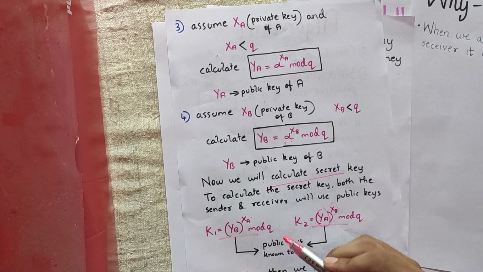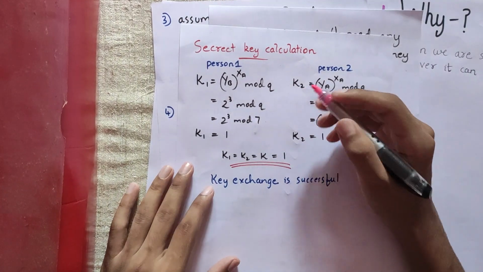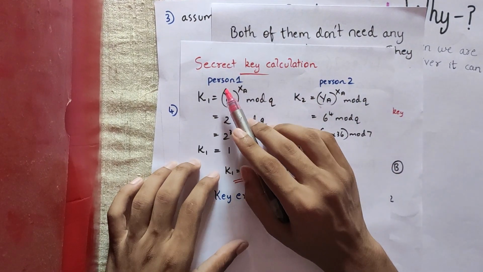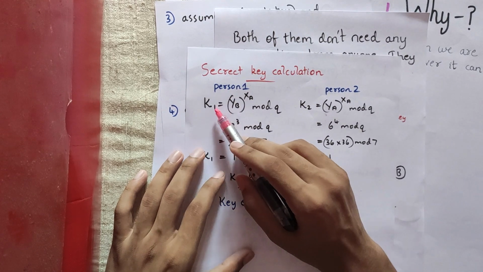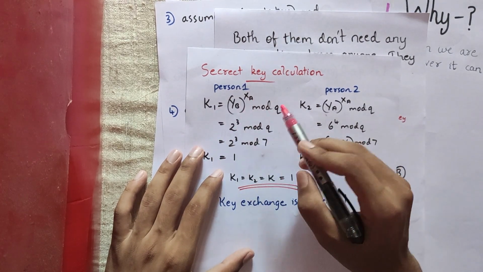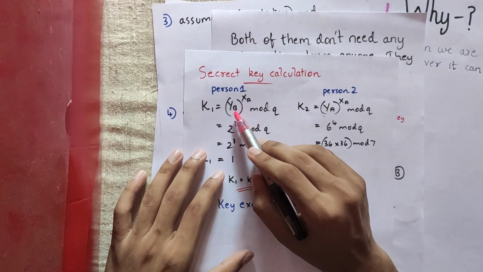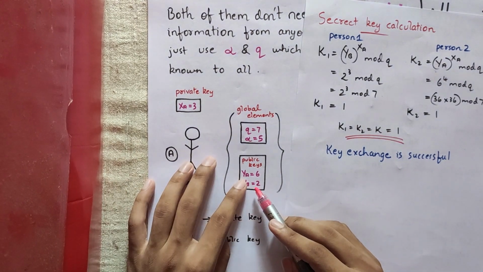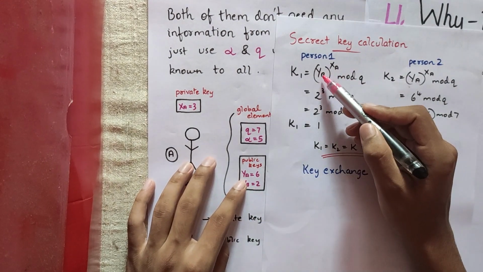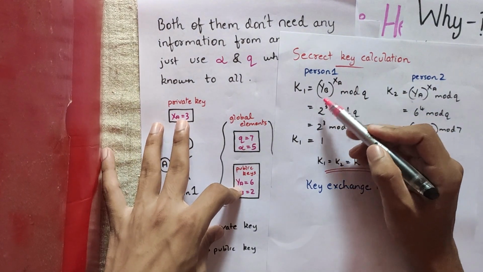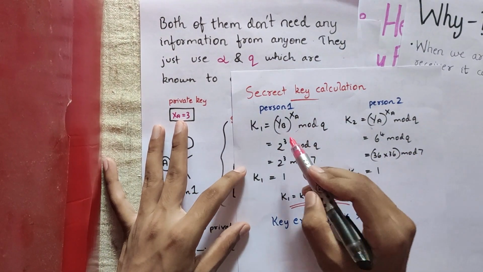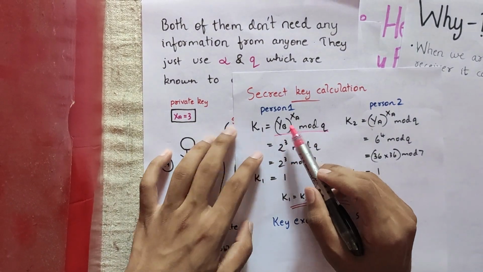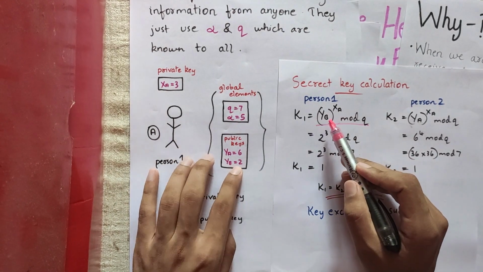I think I can show you an example of the secret key calculation. We use a formula for both persons, and the first person's formula is K1 is equal to YB raised to XA mod Q. That is, YB is the public key of person B, and XA is the private key of person A. We know that YB is equal to 2.